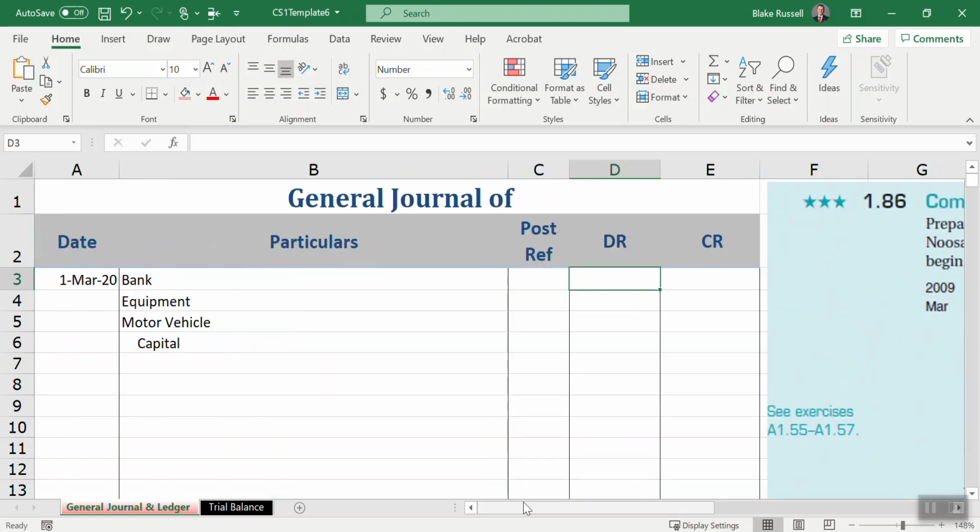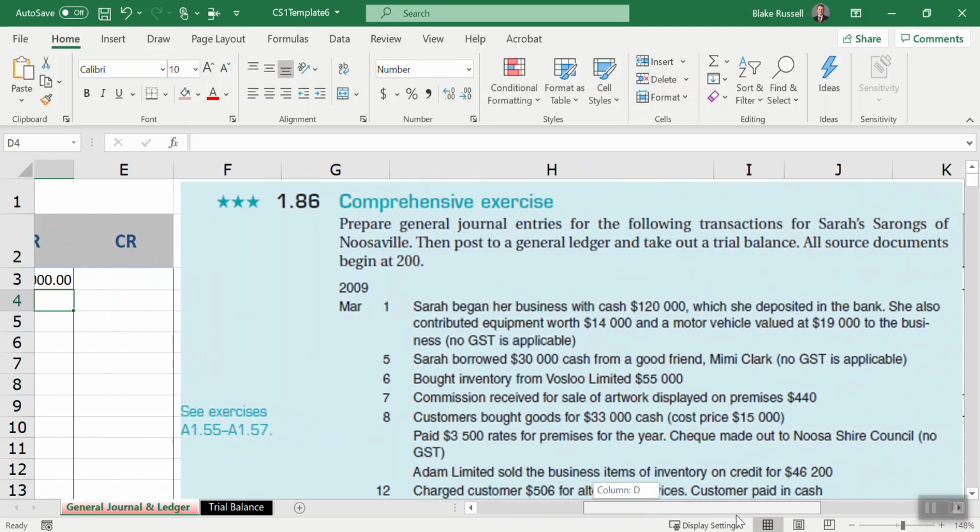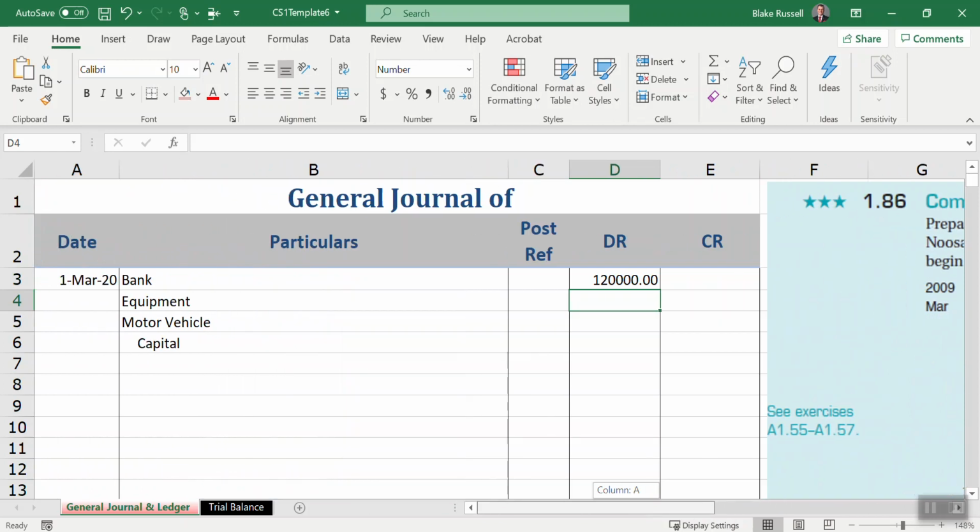So 120,000 cash. Equipment, it's 14, and 19 for the vehicle. Think about your accounting rules.